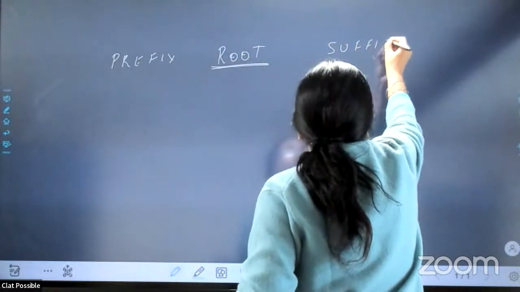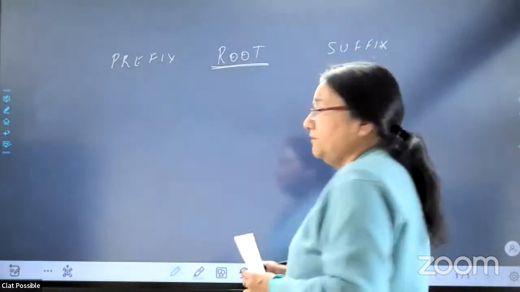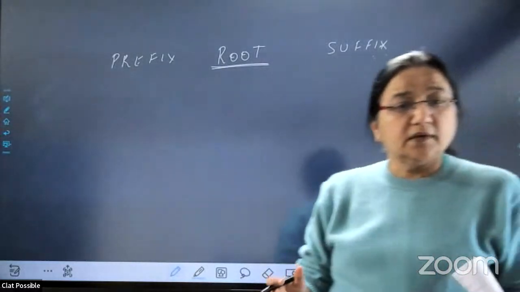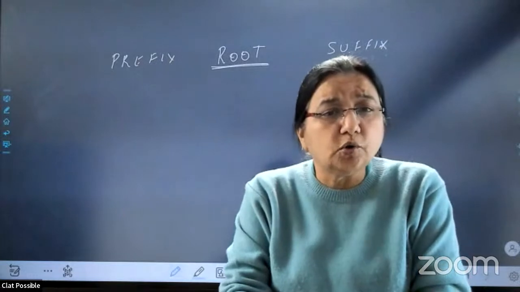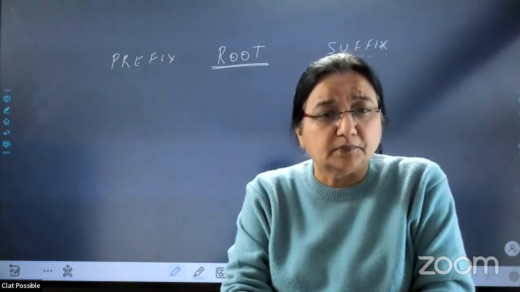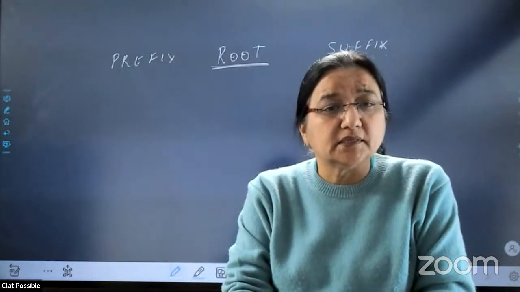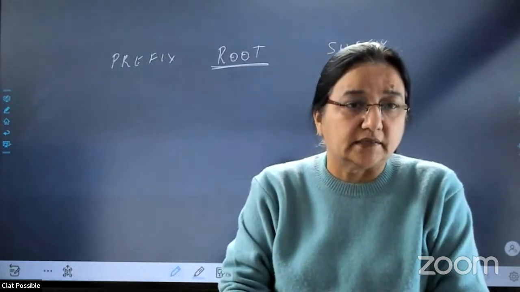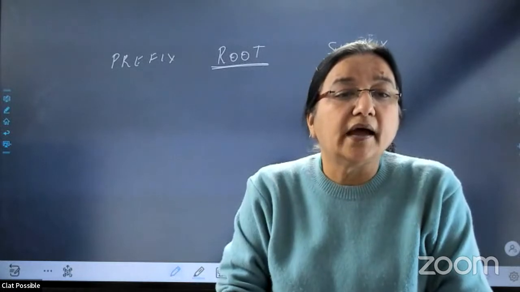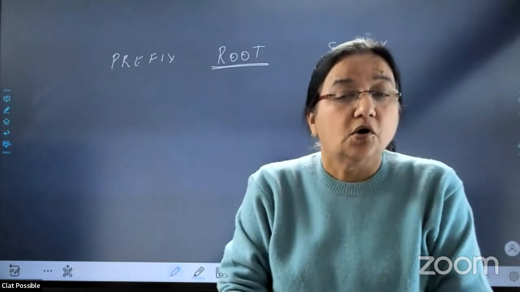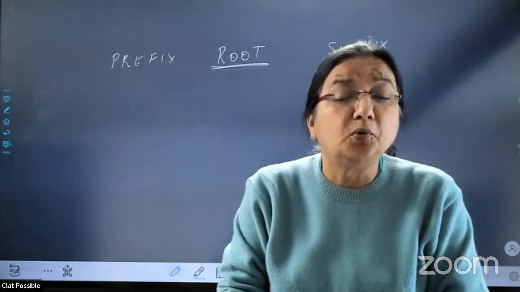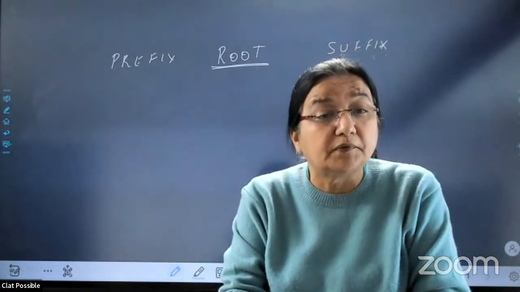You can easily see that when we add a prefix and a suffix to the root, it forms a complete word. If we know the meaning of certain prefixes, it also helps us find out whether the word's connotation is positive or negative, whether that word has a positive usage or a negative usage. That can be decided by knowing the meanings of certain prefixes.